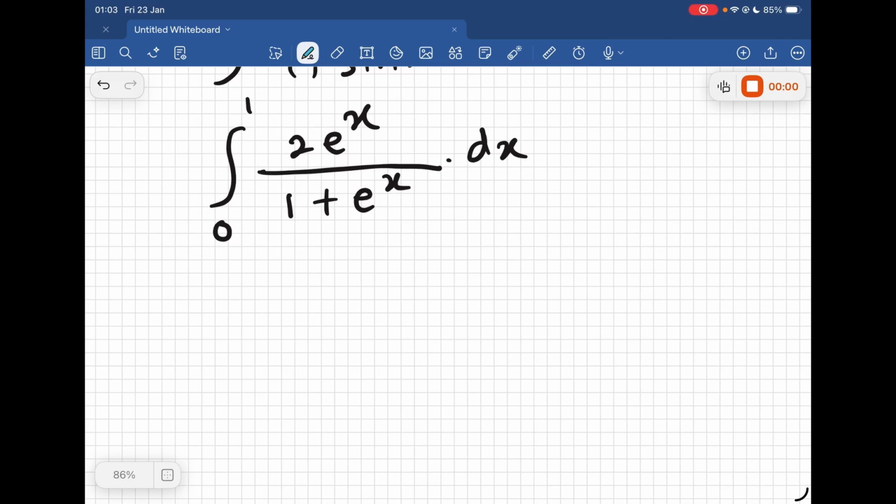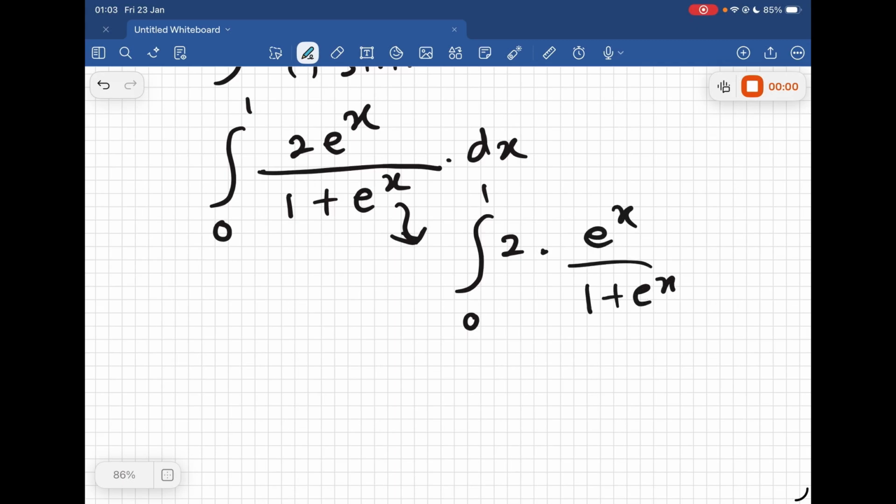Now I do a small manipulation here: I write it as the integral from 0 to 1 of 2 times e to the x over 1 plus e to the x.